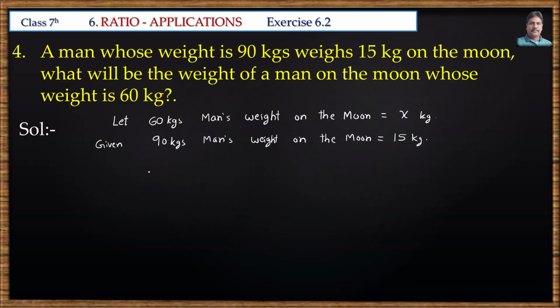We know that ratio of weights on the earth is proportionate to ratio of weights on the moon.